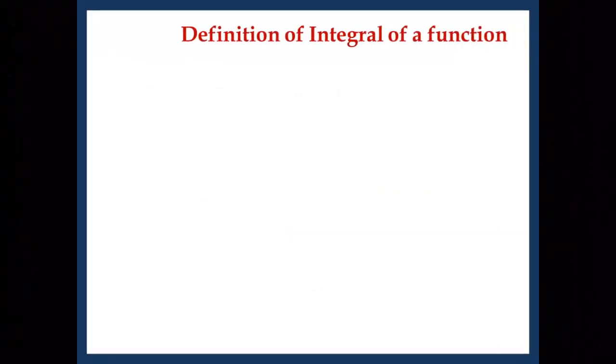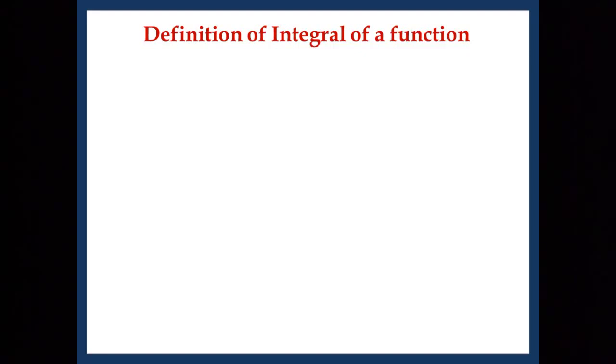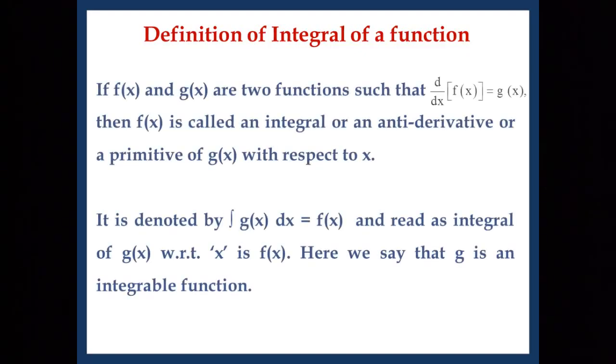Now, what is the definition of the integral of a function? If f of x and g of x are two functions such that d/dx of f of x equals g of x, then f of x is called an integral or an antiderivative or a primitive of g of x with respect to x. It is denoted by integral g x dx equal to f x and is read as the integral of g of x with respect to x is f of x.